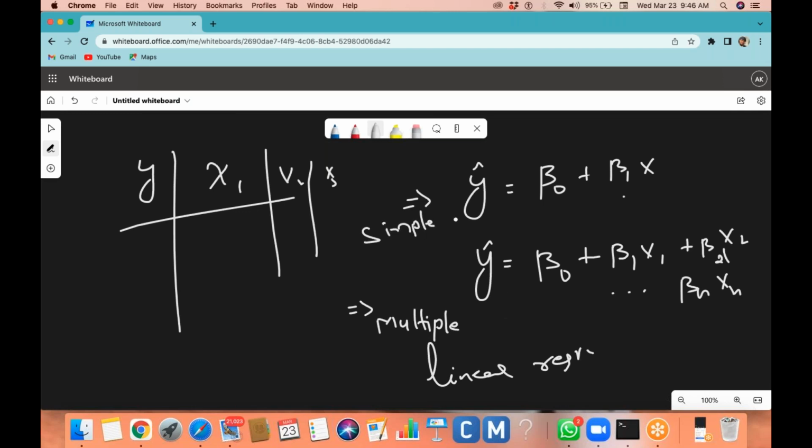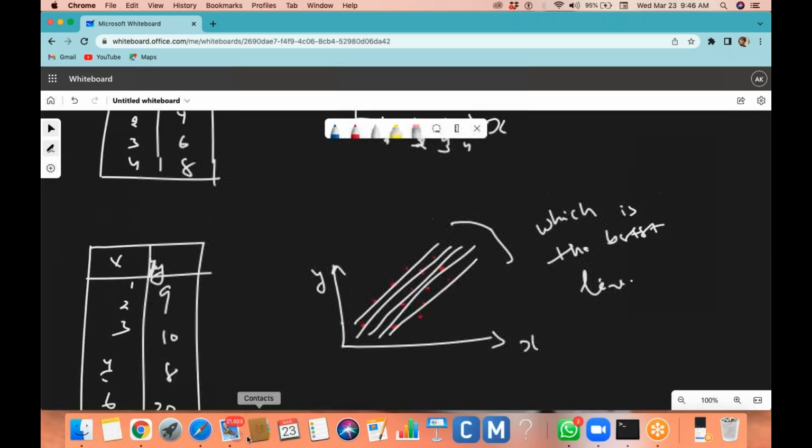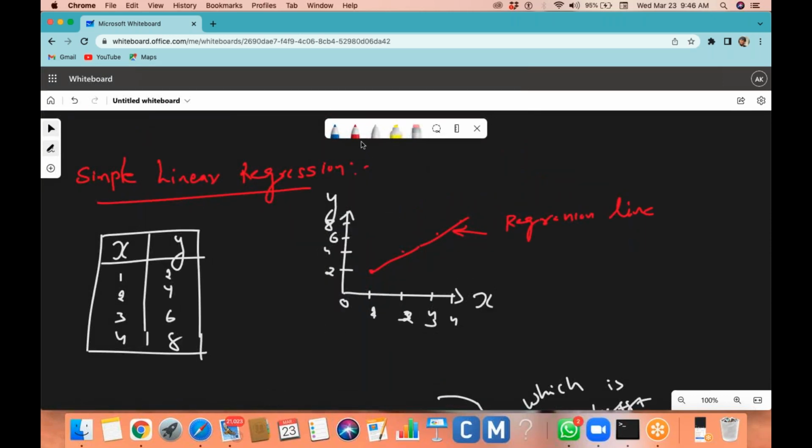You might be thinking where this b naught, where this b1 is coming from, why these coefficients are coming. For understanding this, when we see this particular regression line, see this is the line. If I extend this, is it passing through 0 or not? That means it's an intercept point.